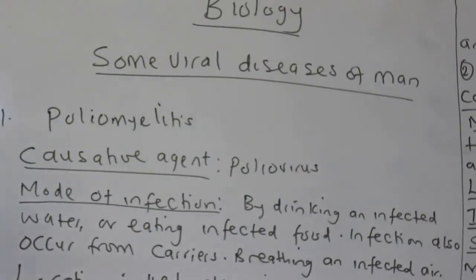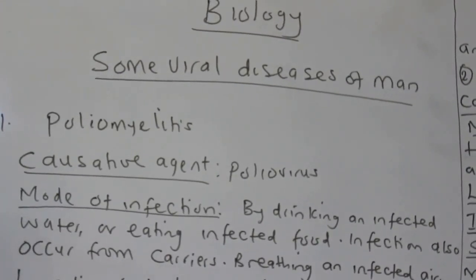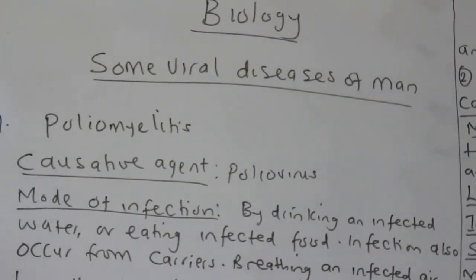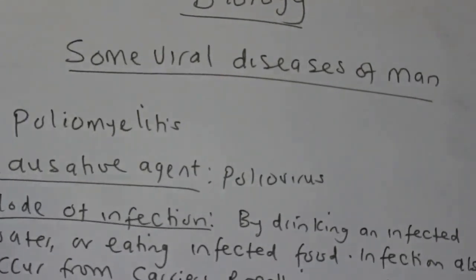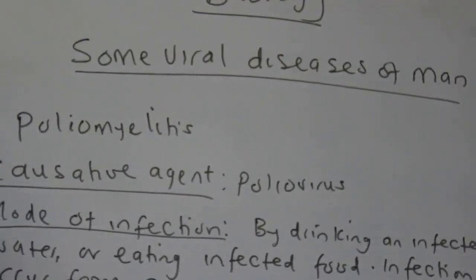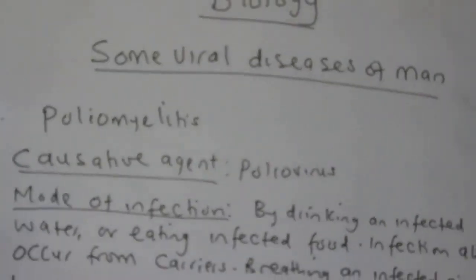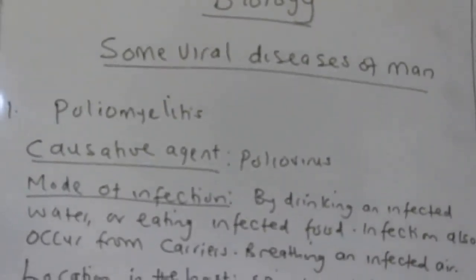So looking at poliomyelitis now, the causative organism, that is the virus that causes the disease, is known as the poliovirus. And this poliovirus affects humans through, that's the mode of infection now, drinking infected water that's already been infected by the virus.